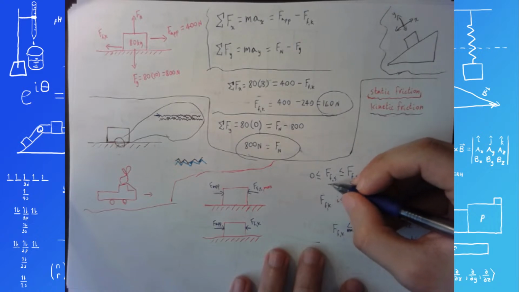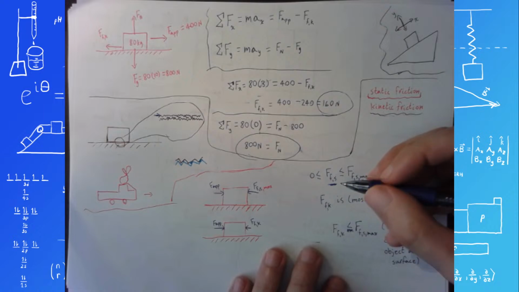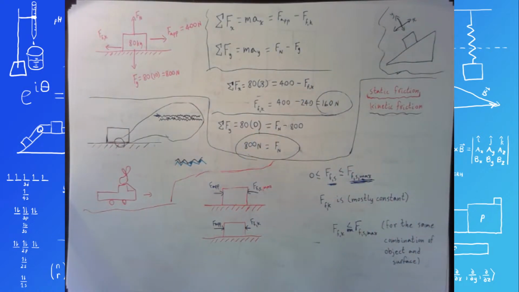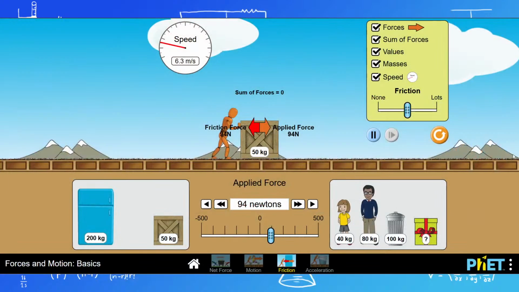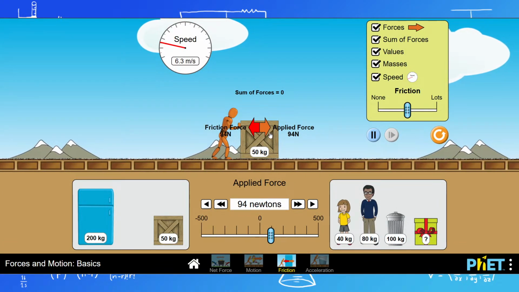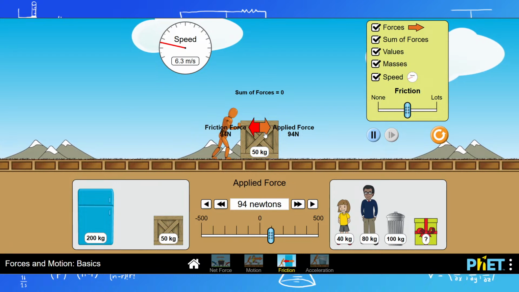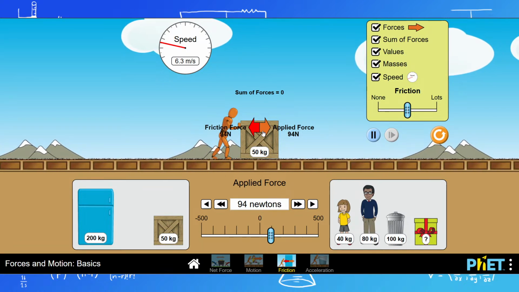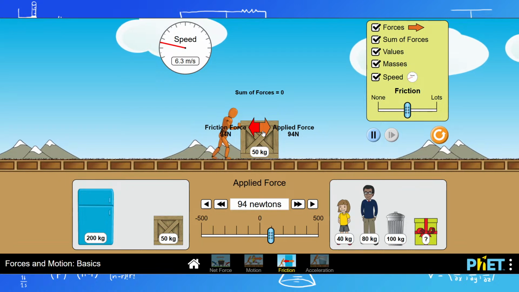Not always weaker than the static friction itself, because that's going to vary with the applied force initially, right? If we go back to over here, when I first applied 94 newtons, the static friction also went to 94, and when my applied force was less than 94 newtons, my static friction was less than 94.